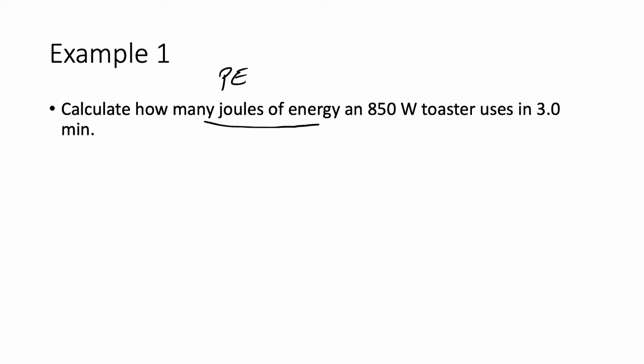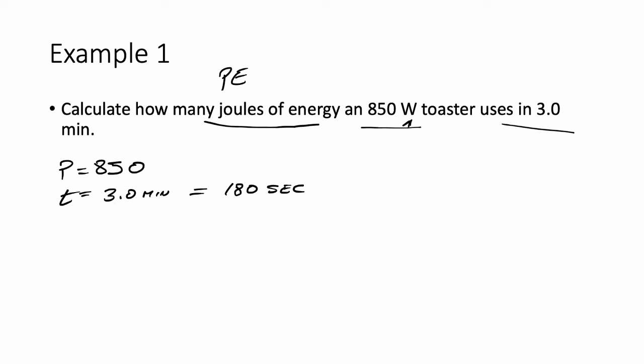So they want to know how much, and that's the conversion of energy. 850 watts, that's going to be power, folks. So power is equal to 850. And it uses it in 3 minutes. So time is 3 minutes. And let's go ahead and convert that to seconds, because time must be in seconds. So 60 times 3, that's 180 seconds.